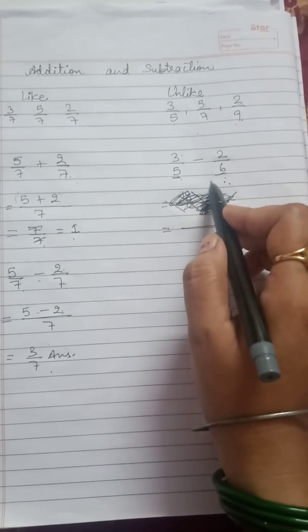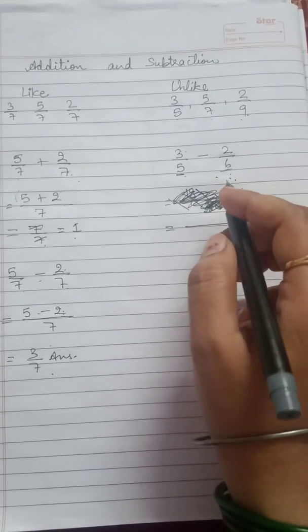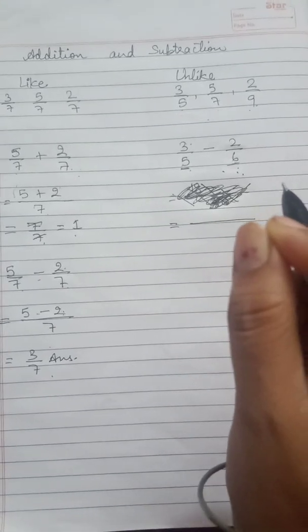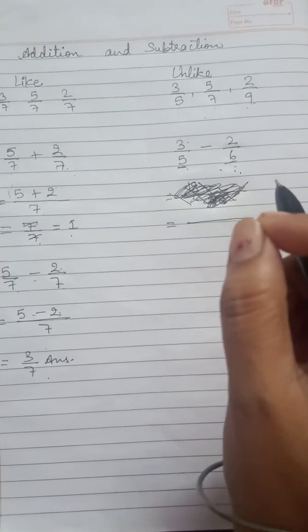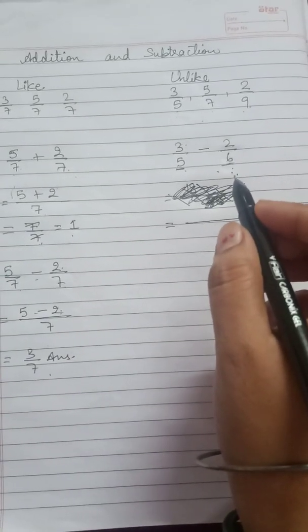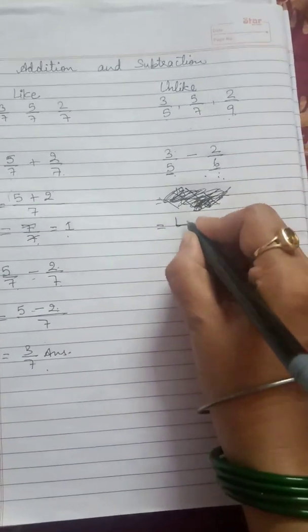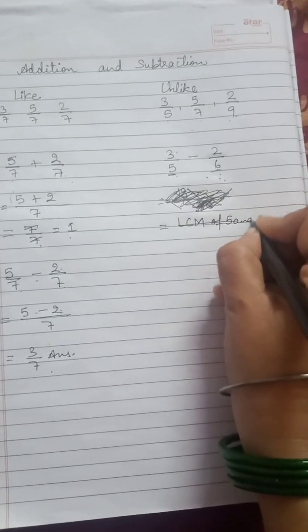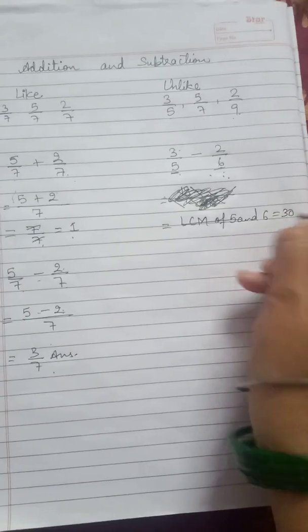As these both are consecutive numbers, the important point here is that the LCM of two consecutive numbers is always equal to their product. So the LCM of 5 and 6 is 30.